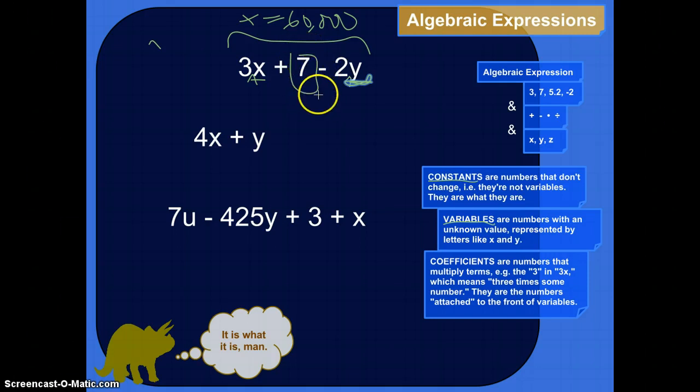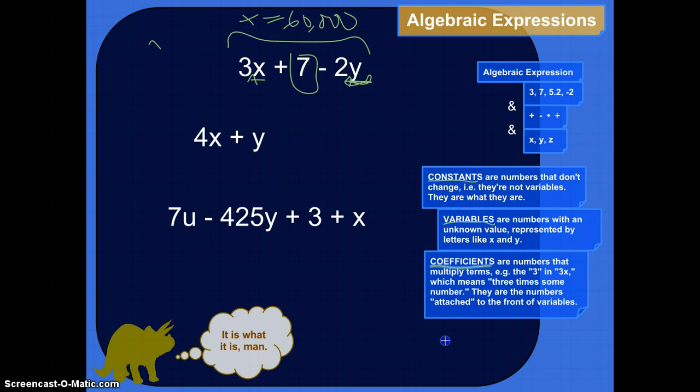So you could say, what is 7? Well, it's 3 plus 4. It's 6 plus 1. It is what it is. Alright, finally we have coefficients. And these are the numbers that multiply terms. So for example, so this is a term.